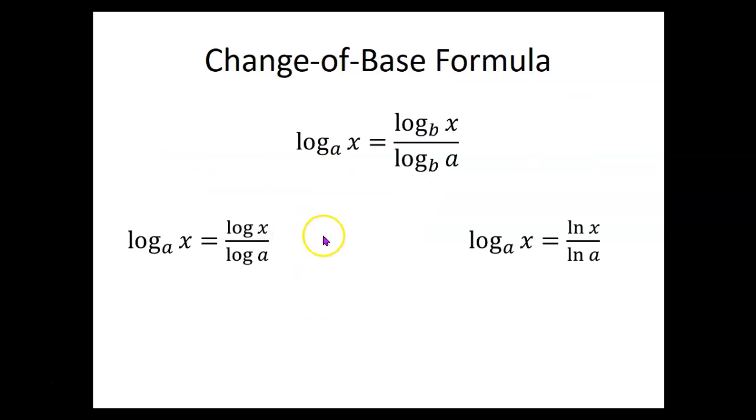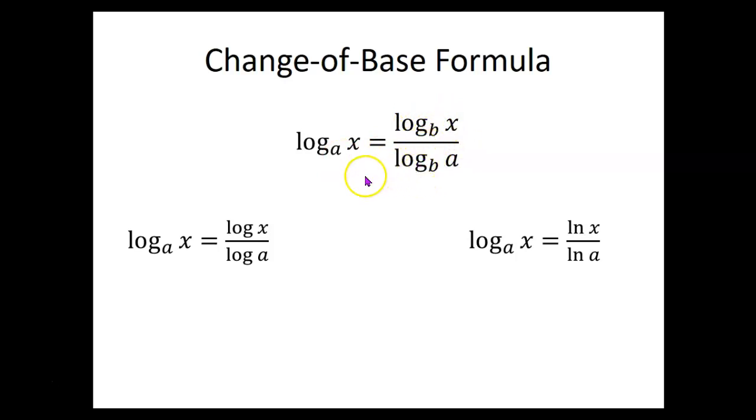Now, last set of properties or rules or formulas, and the book starts with these. I didn't tell you about these until after I told you about those other properties, because it's those other properties that explain why these work. But this change of base formula lets you change a logarithm to one base into something involving a different base.